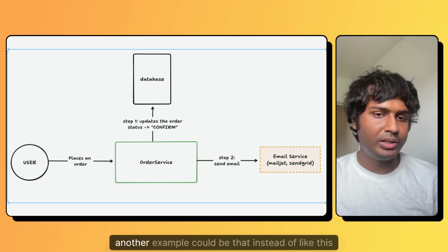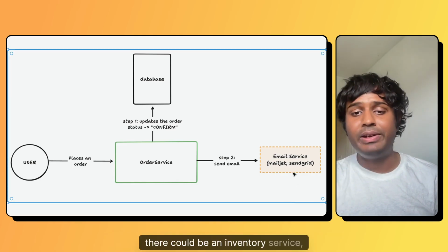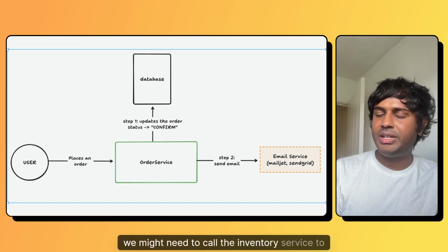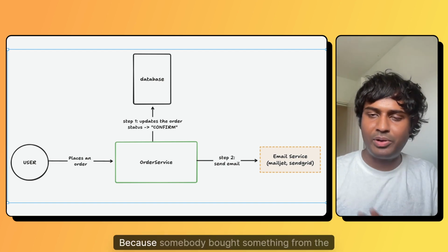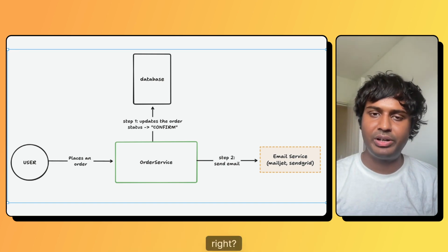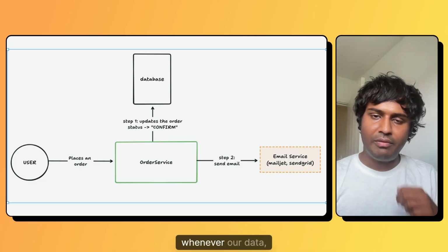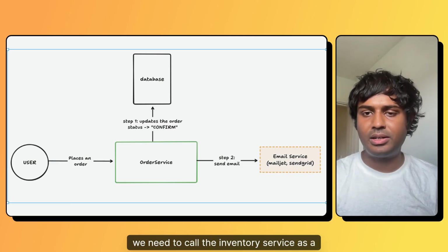For example, instead of this email, there could be an inventory service. Whenever an order is placed, we might need to call the inventory service to reduce the amount of stock in the inventory, because somebody bought something. So we can use this pattern there as well, where whenever we place an order, we call the inventory service as a transactional outbox.